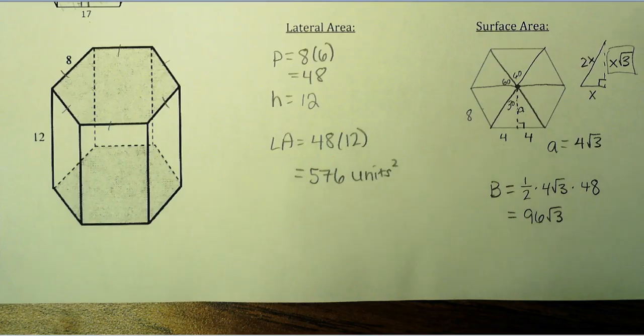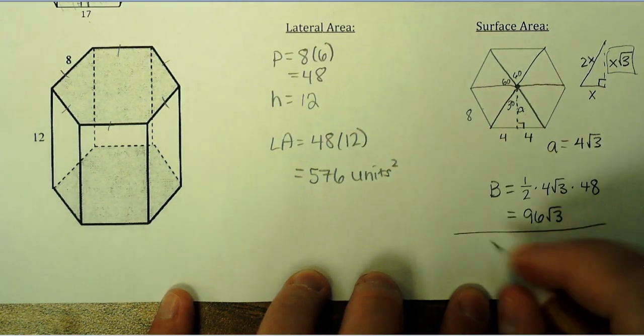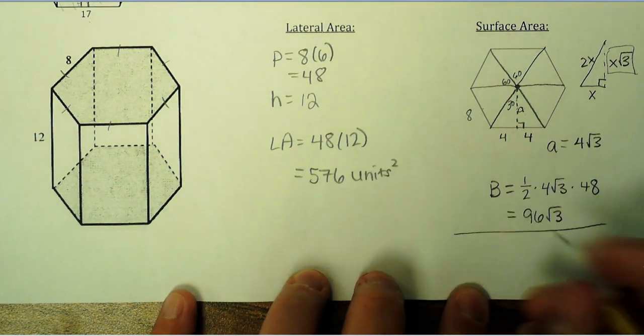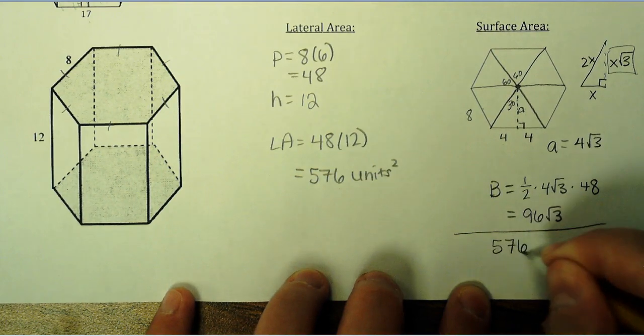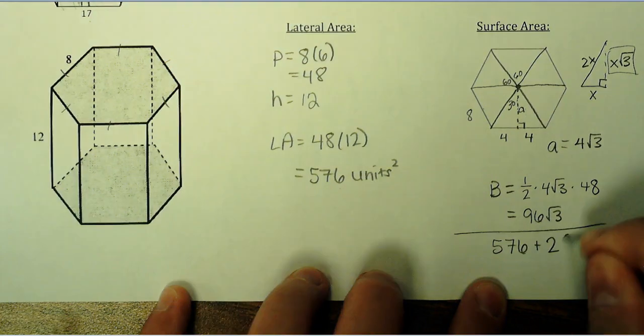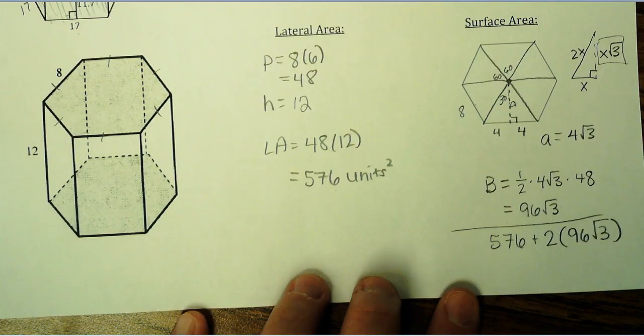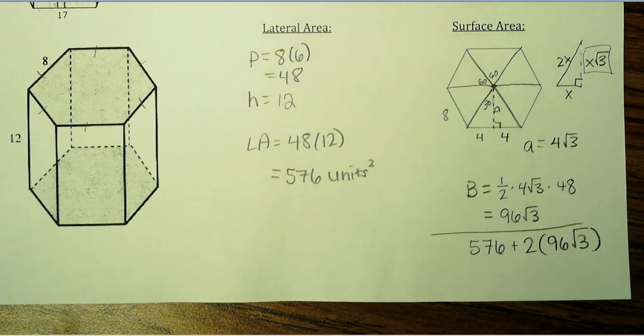Now, when we actually write the answer, I'm going to take it out of radical form by including the square root of 3 in my calculation. For my surface area, we already calculated the lateral area, so that's the 576. That's all the 6 rectangles wrapping around there, plus 2 bases, so 2 times 96 radical 3, since 96 radical 3 was the area of one base and we need 2 of them.